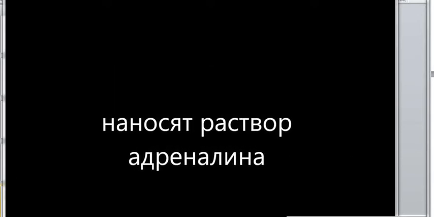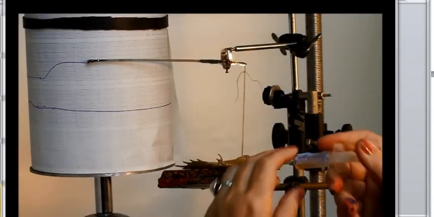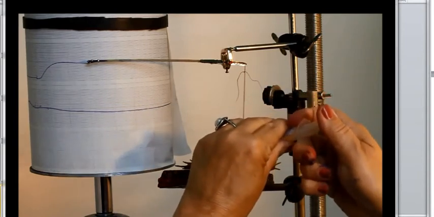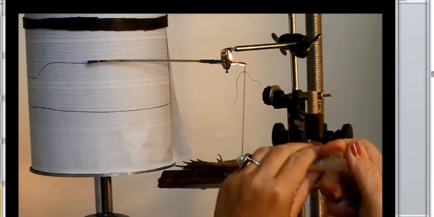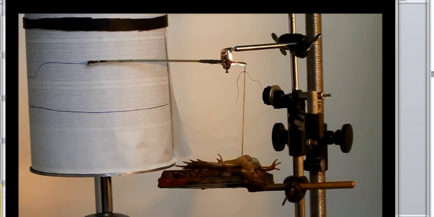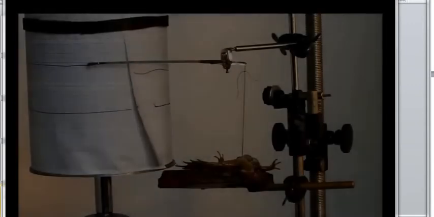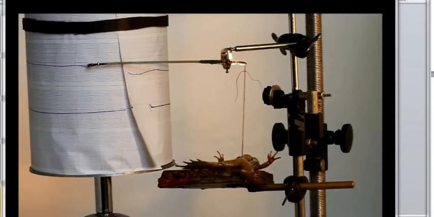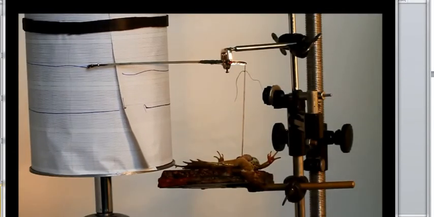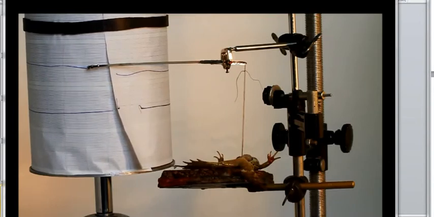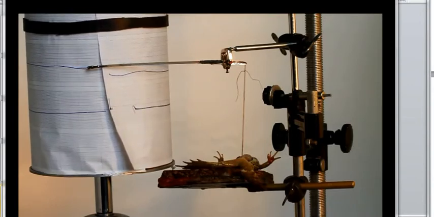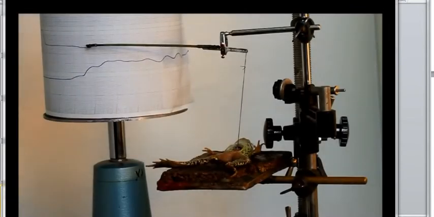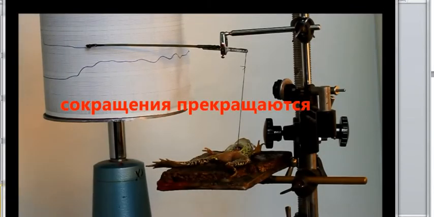If we use noradrenaline or adrenaline, for example, epinephrine molecule, it just stopped contraction at all.